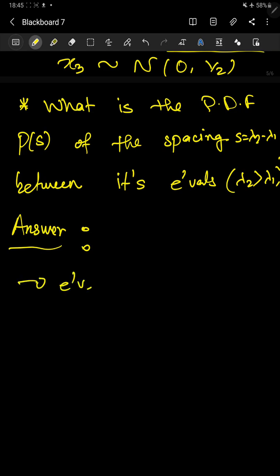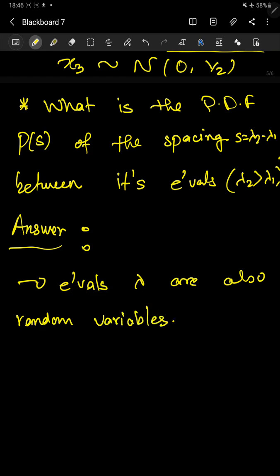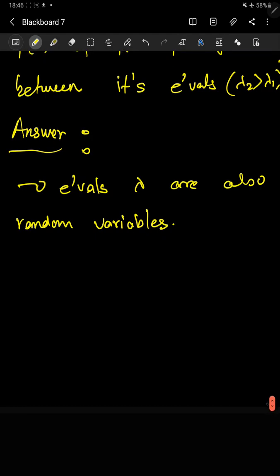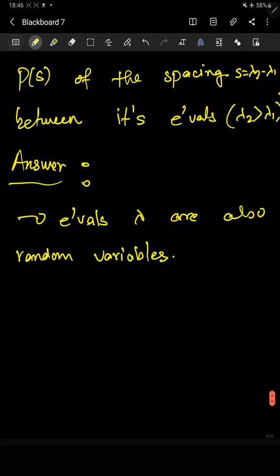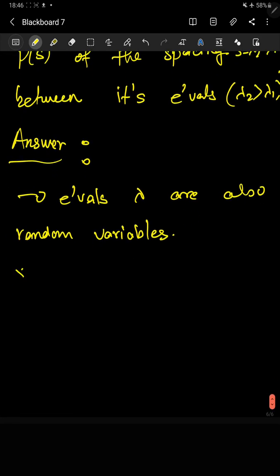As I keep on saying, I'll just write it for you. Now, since we are talking about the eigenvalues, the only way of proceeding forward is using something called the characteristic equation.